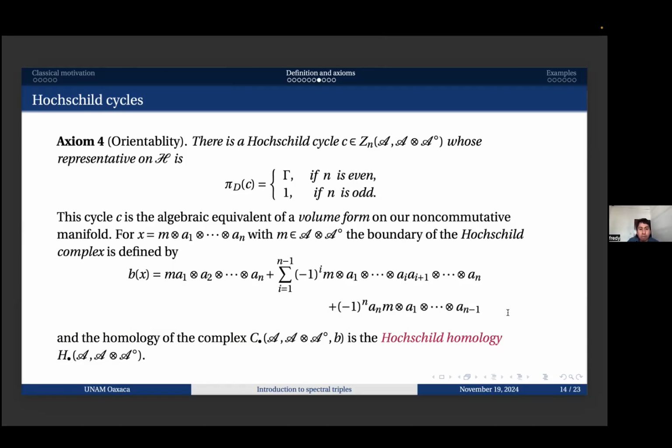And this Hochschild cycle gives the non-commutative analogue of a volume form for our non-commutative manifold.